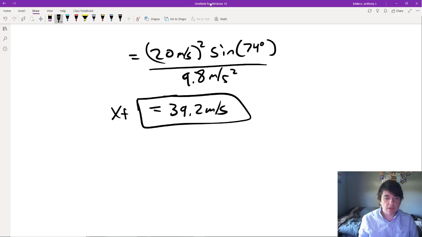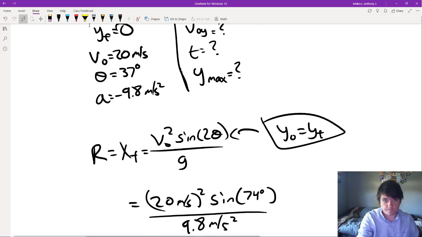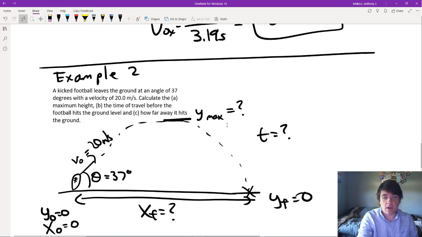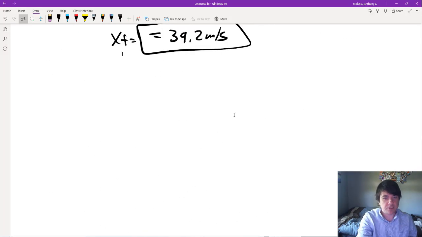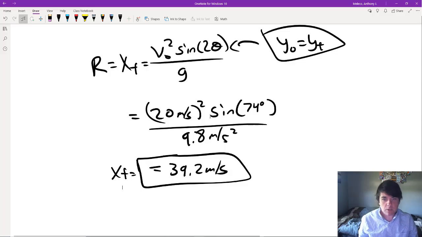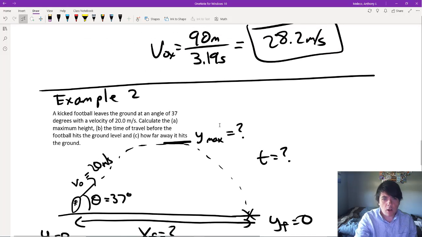I usually recommend, if you need X final and you have a level thing, to just start with the range formula. It's super easy. You just plug in, you get that right away. So we now have X final. Another thing was time of travel.